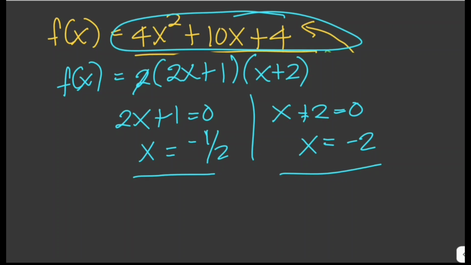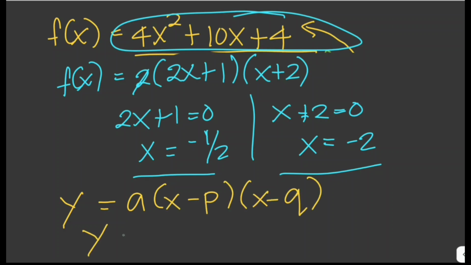Now we can write our equation in its intercept form, and that would be a times x minus p times x minus q. So a here is 4, then x minus p.